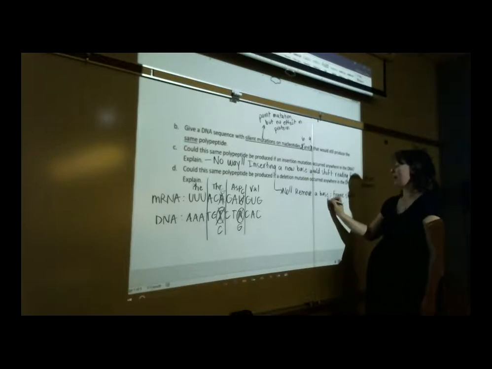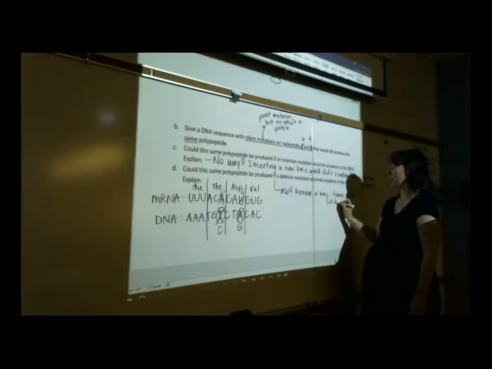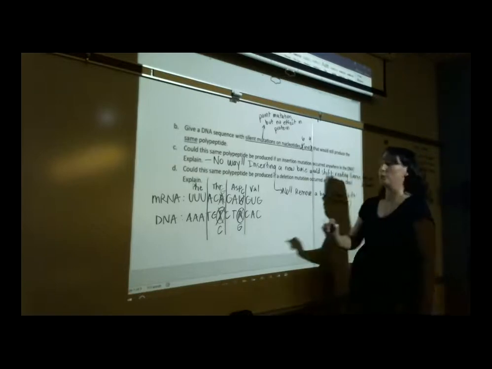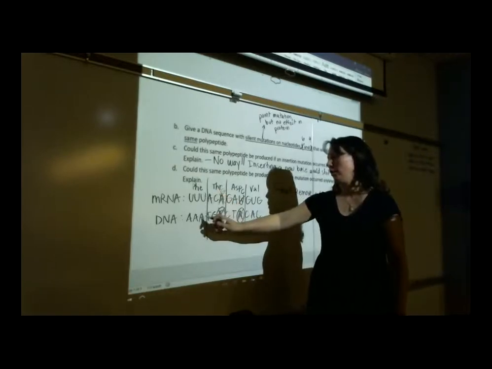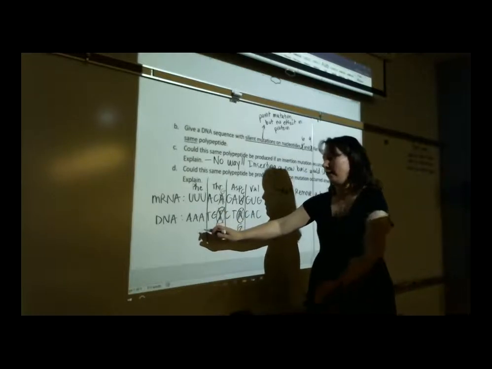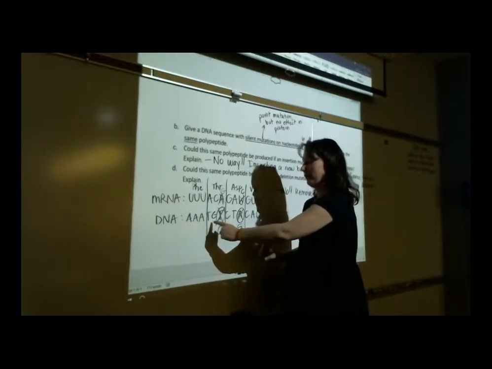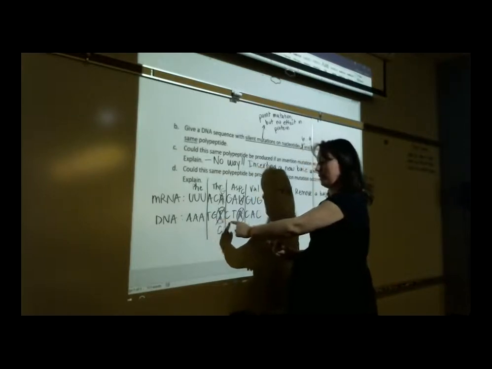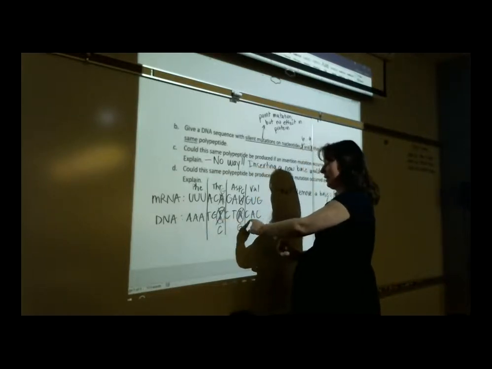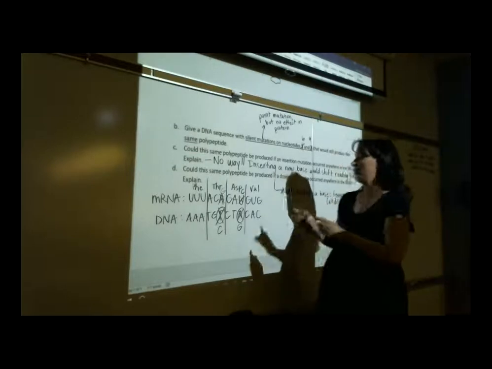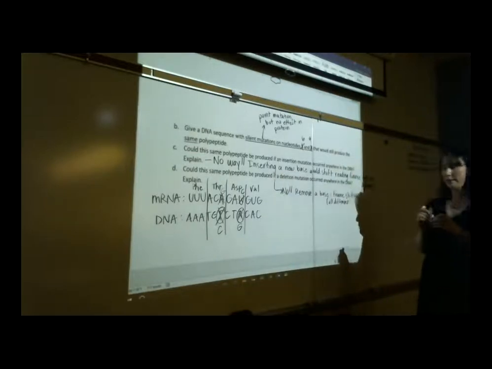So again, everything after that would be different. So if you lost that A, instead of reading AAA, it's now reading AAT, right? Then GTC, then TAC, then AC, right? So everything's going to be different after that.